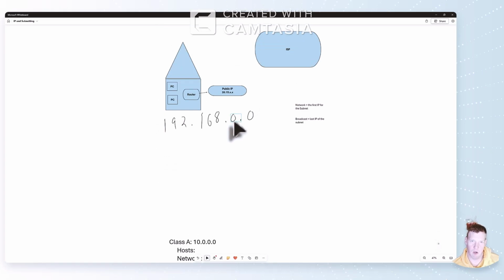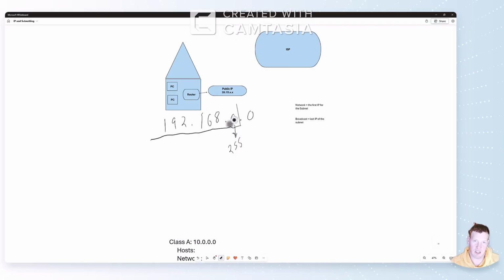So we can go 0, 1, 2, 3, 4, all the way down to 255. So we'll just draw a little arrow here to symbolize it. 255. So you can't have anything in between that number, but then that number stays the same. That doesn't change. This now all becomes one section that stays the same.